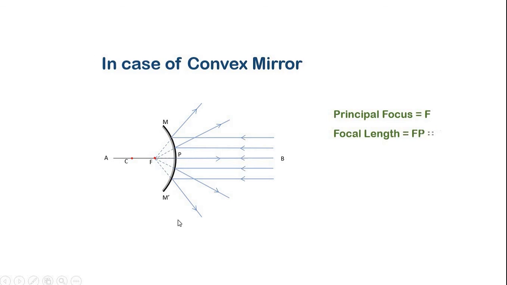FP is the focal length, which is denoted by small f. CP is the radius of curvature, which is denoted by small r. So CF equals FP equals r by 2. That is, f equals r by 2. That is, focal length is half of the radius of curvature.